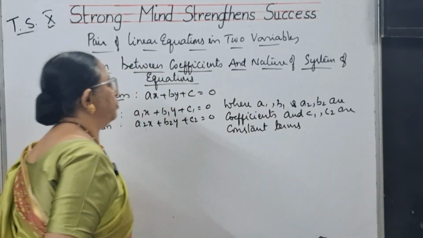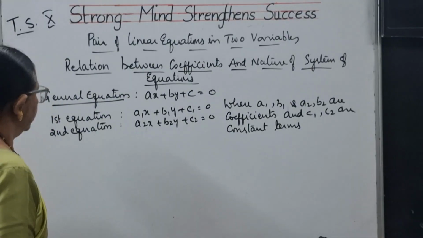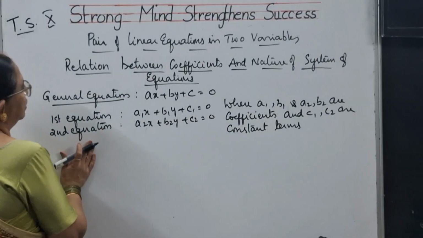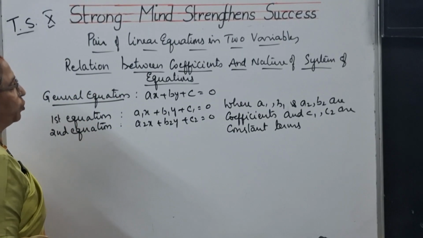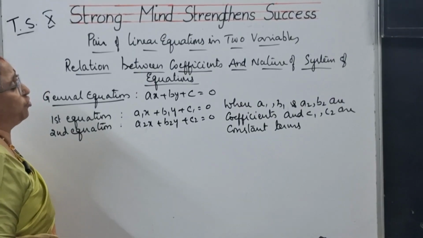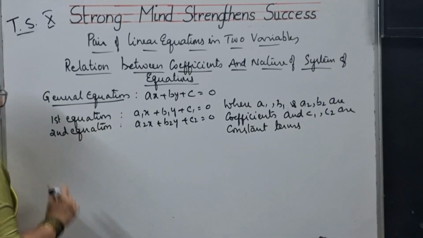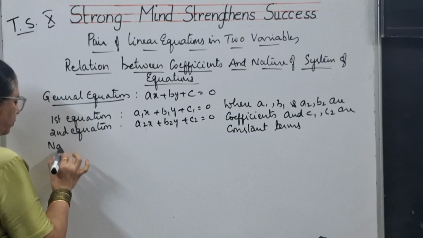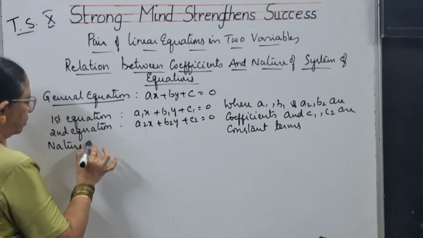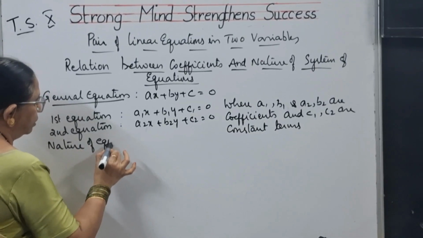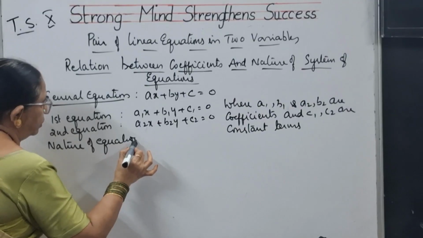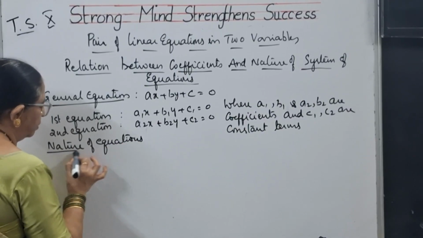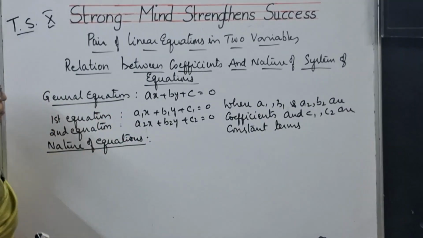This is what in general we will be getting. So the problem is dealing with the relation between the coefficients and the nature of the system of equations. Now let us see what are the natures. Nature of equations. Already we have learned different types of equations. That only we are going to talk about.